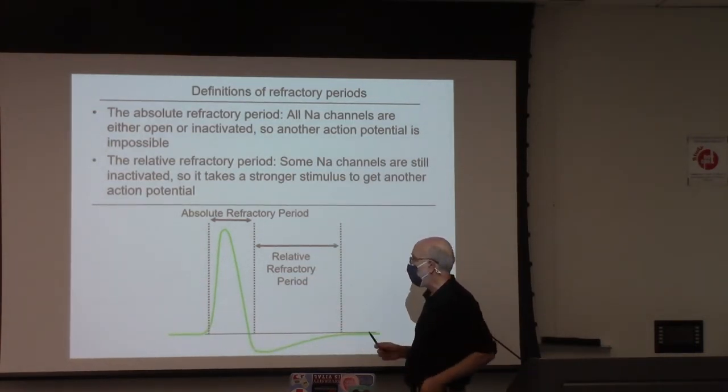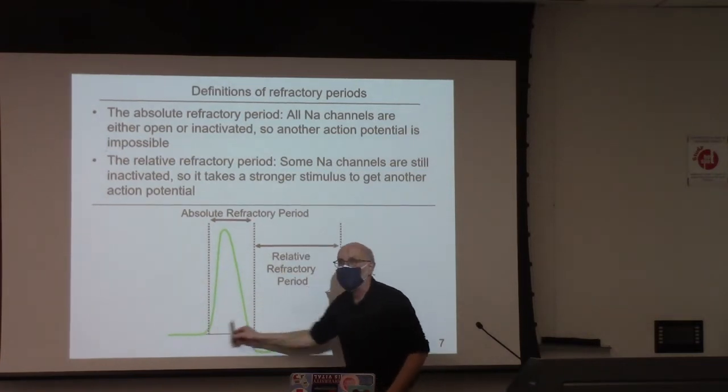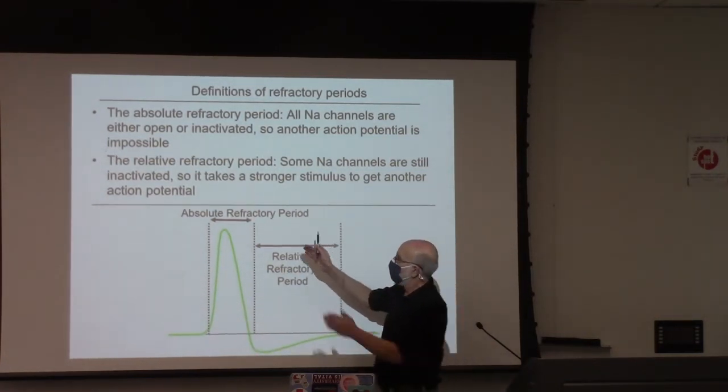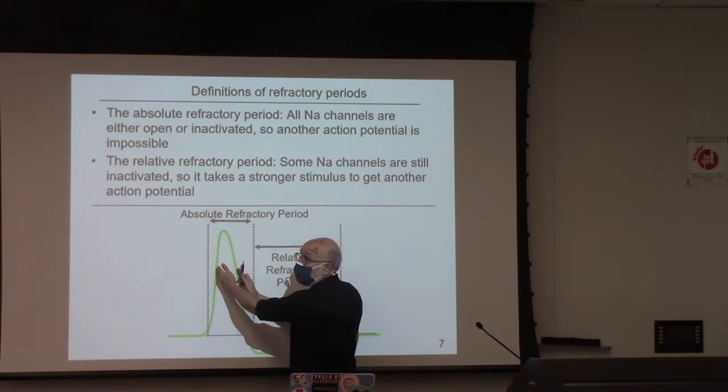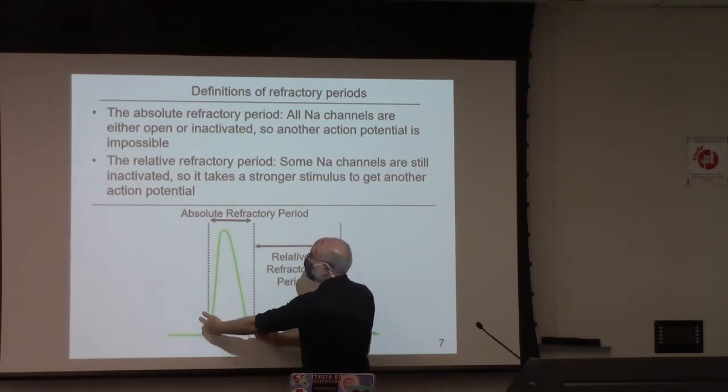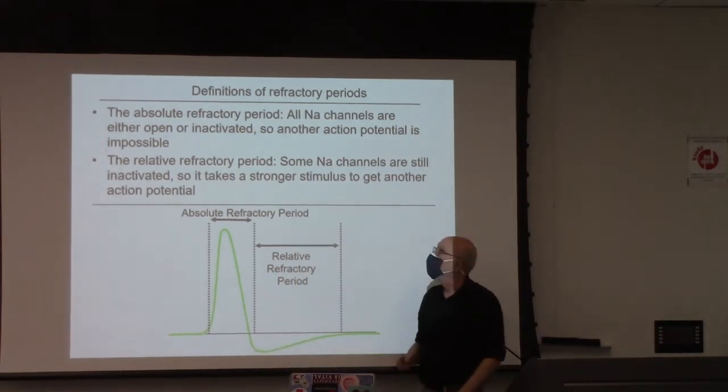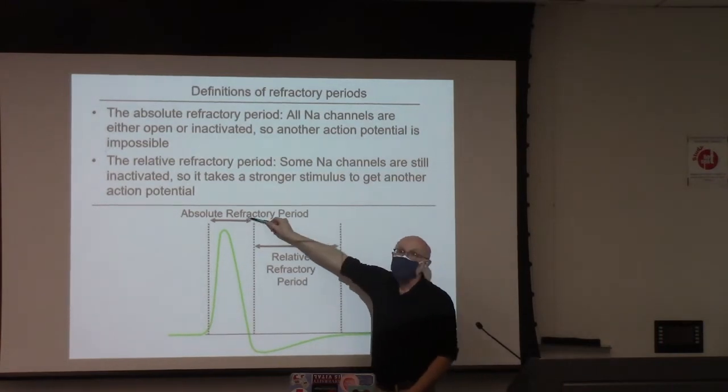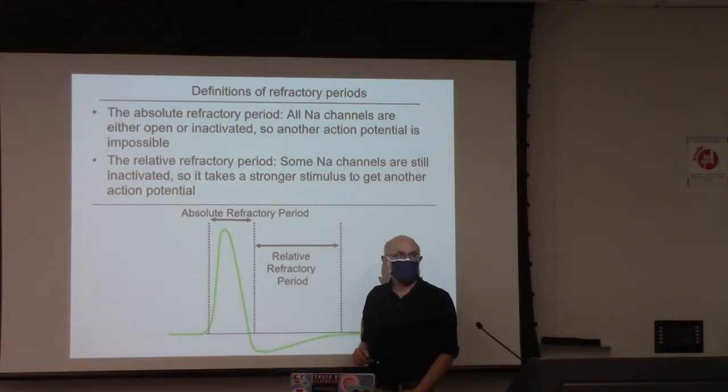This is an action potential voltage as a function of time. During the action potential itself, pretty much the duration of the action potential itself is called the absolute refractory period. The cell is absolutely refractory.